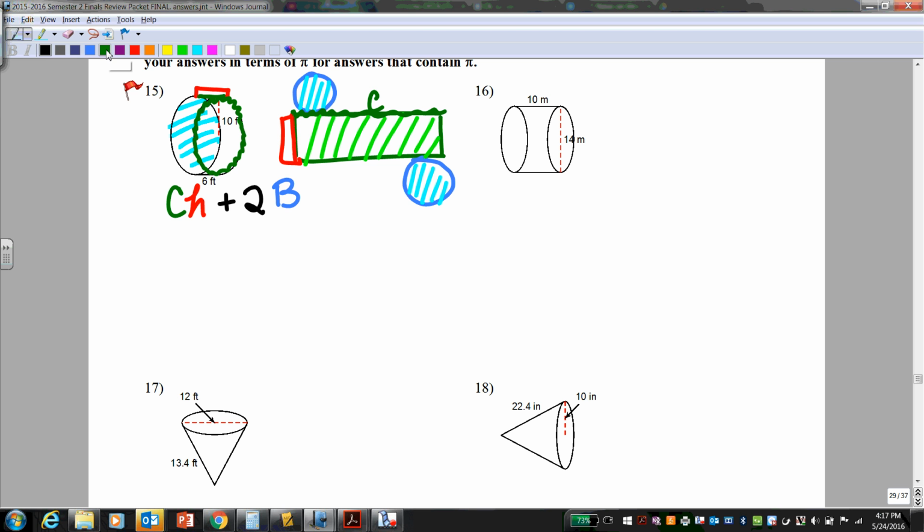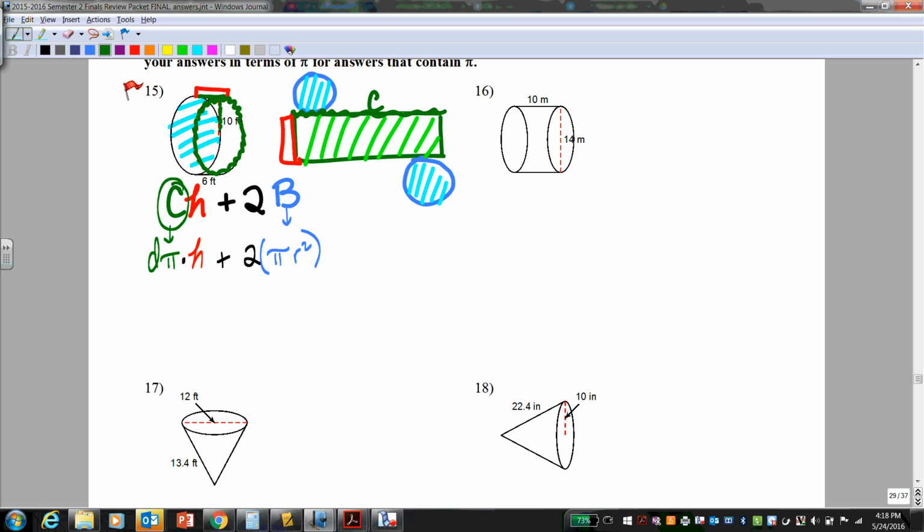Now we circle, plug, plug. Here, my circumference equals d pi times my height, which is the height of the cylinder, plus 2. And of course, my bases here are circles, so that's going to be pi r squared. Our diameter, physically trace it.